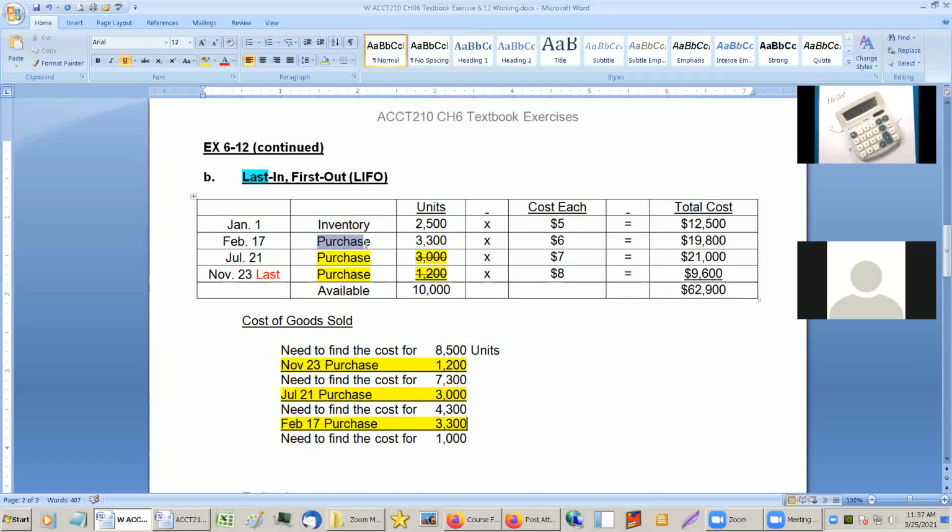So that layer is. Those are gone. Those are never coming back. We're all the way down to the beginning inventory.